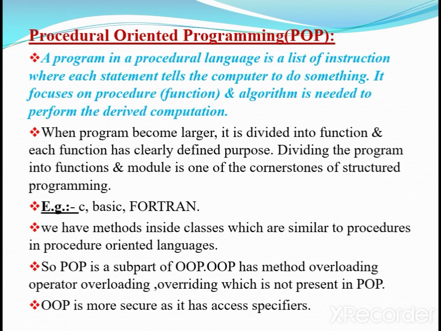Dividing the program into functions and modules is one of the cornerstones of structured programming. Here an object is a part of the problem which behaves differently in different situations. Examples given: C, Fortran. These are POP languages. Fortran means formula translation.